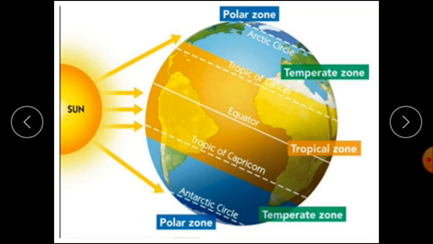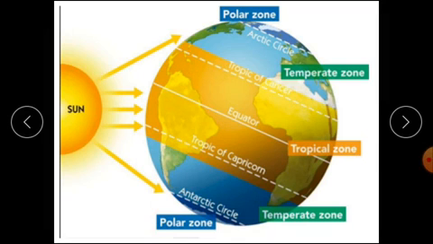Then there is the temperate zone. The temperate zone is comparatively cooler than the tropics and the equatorial region. Why? Because it receives slanting rays of the sun, and slanting rays carry less heat. So less heat reaches this zone.